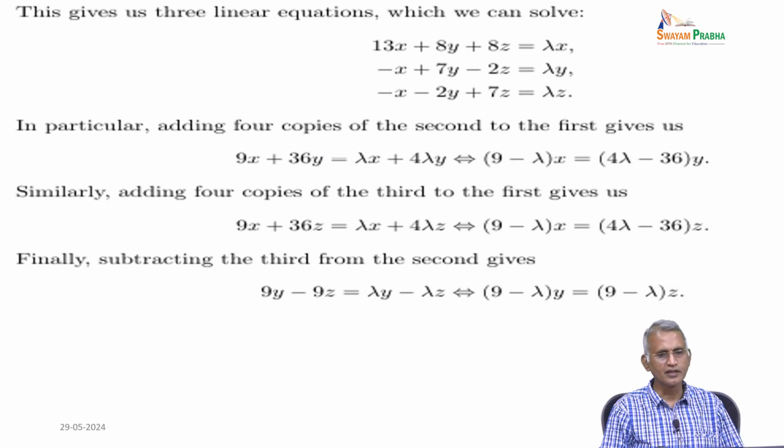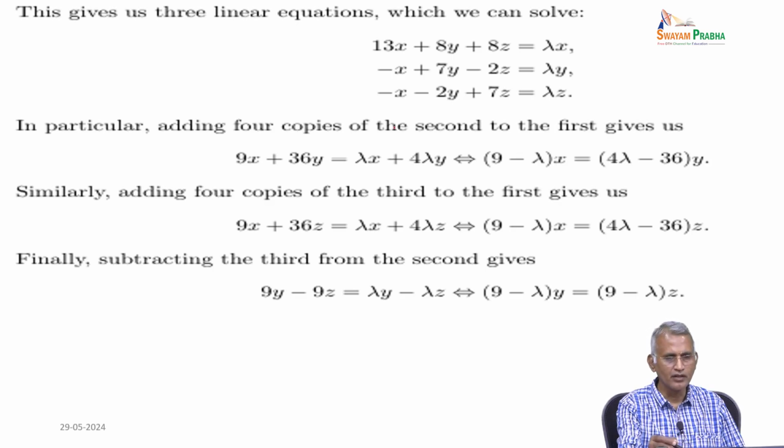Now, this gives the 3 linear equations which we can solve: 13x plus 8y plus 8z equal to lambda x, minus x plus 7y minus 2z equal to lambda y, minus x minus 2y plus 7z equal to lambda z.